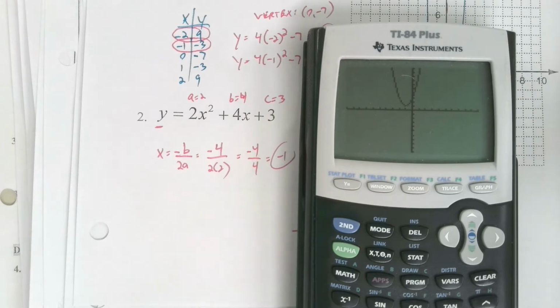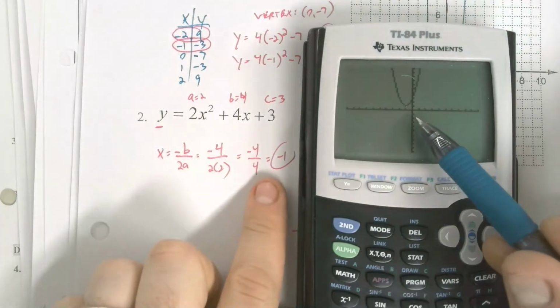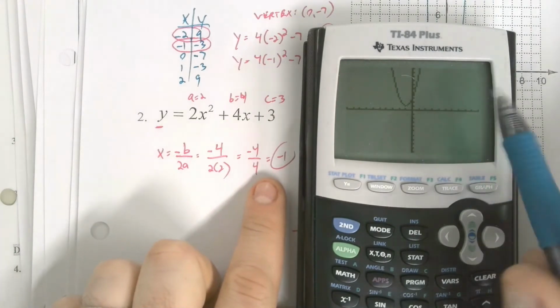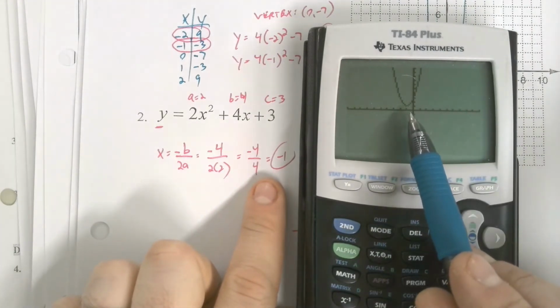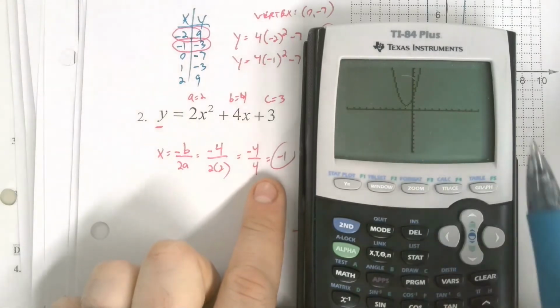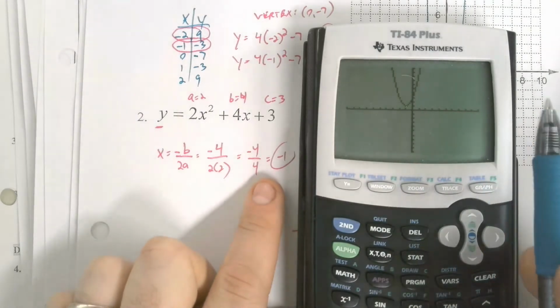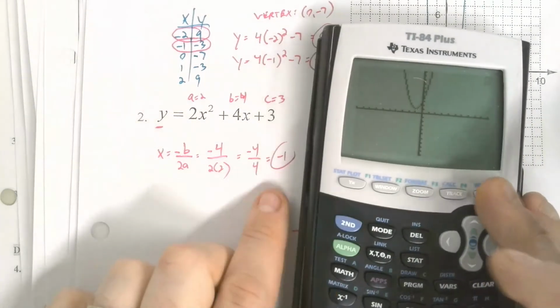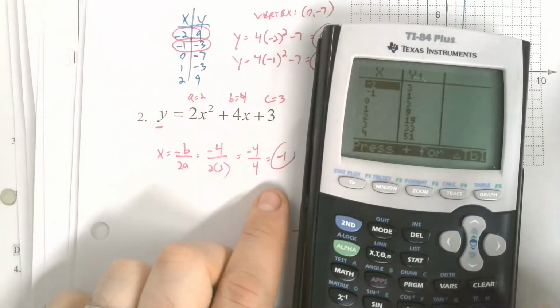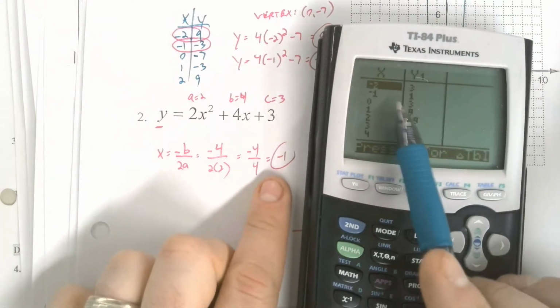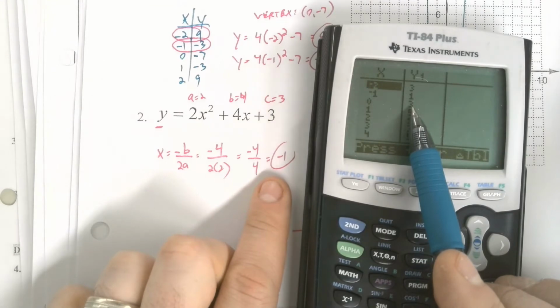Alright, good. You know how to use your calculator. And the vertex is pretty obvious. That's the turning point of the parabola, right? Sometimes you can even see it right on the table. If I look at the table, my low point at -1, my output is 1. You guys see that?